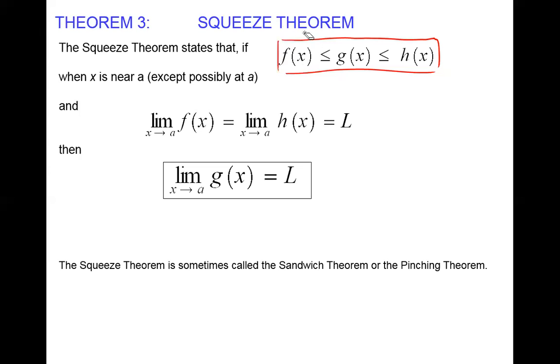That means if the limit of f of x is exactly the same as the limit of h of x, then the limit of the middle function is forced to be the same, because it's squeezed between these two functions. We call it the squeeze theorem, or the sandwich theorem, or the pinching theorem. I think calculus textbooks most likely use the name squeeze theorem.